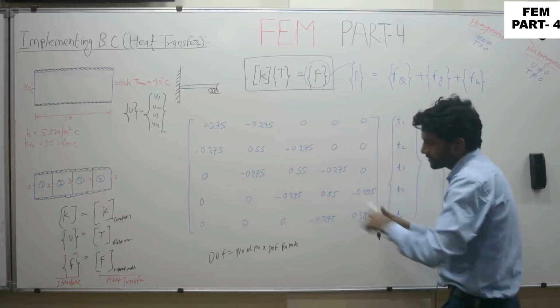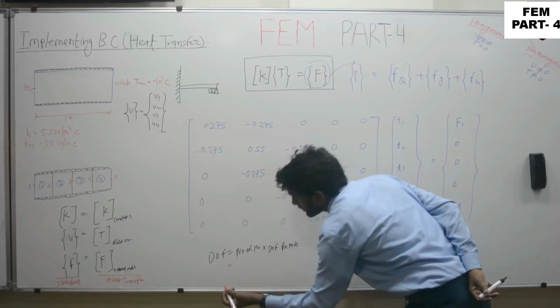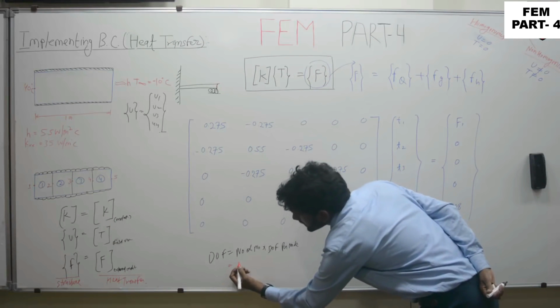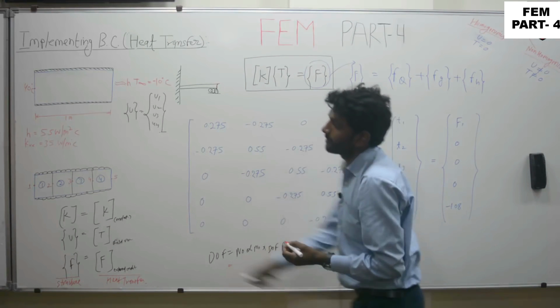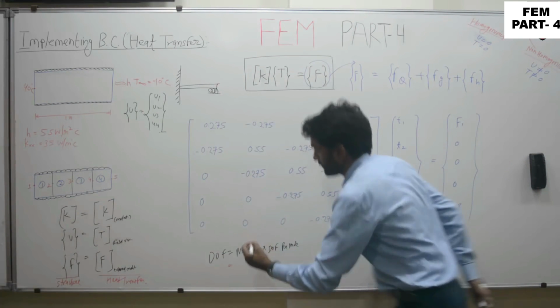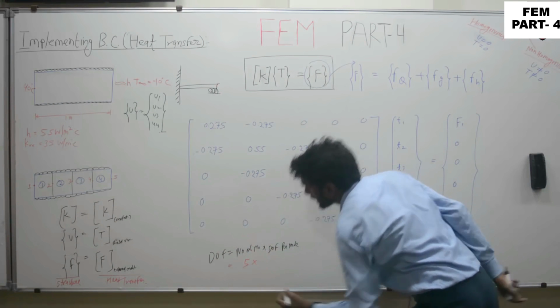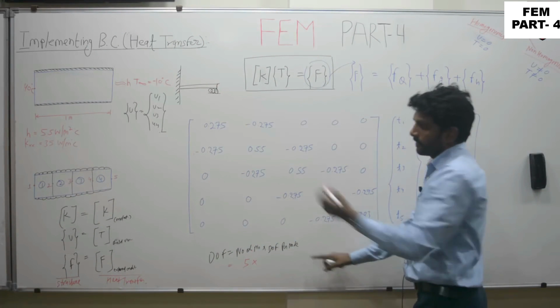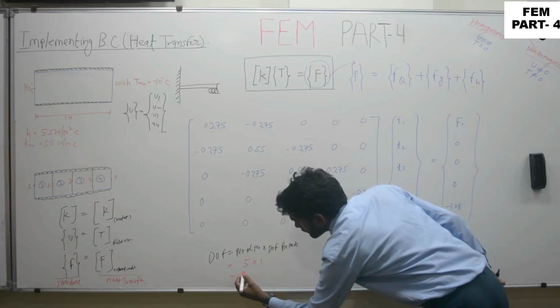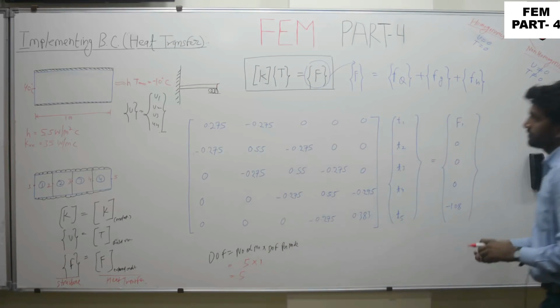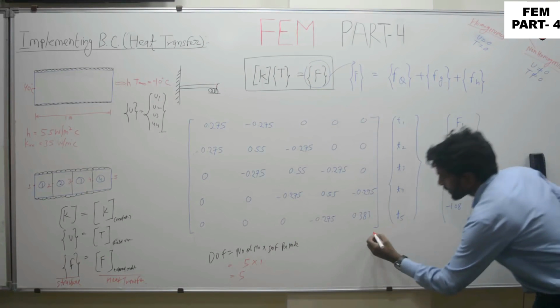We had already discussed this formula in the previous lectures. So how many nodes are there? 1, 2, 3, 4, 5. It means 5 nodes. And how many degrees of freedom per node? 1. It means 5. So our size of the stiffness matrix is going to be 5 cross 5.